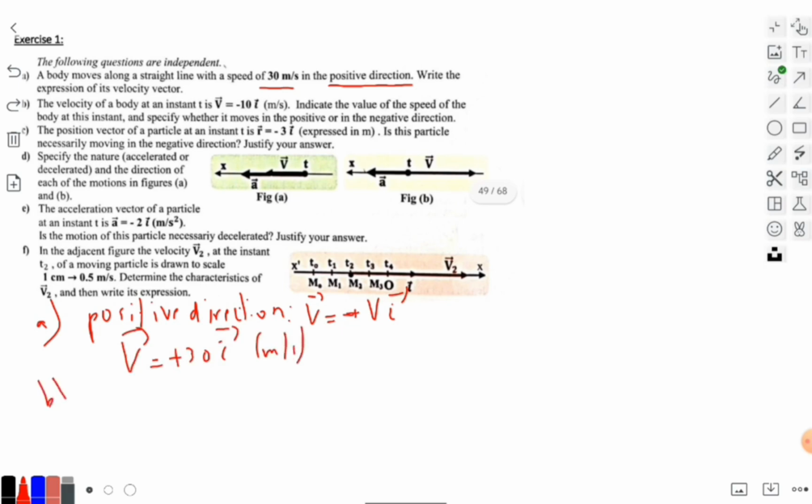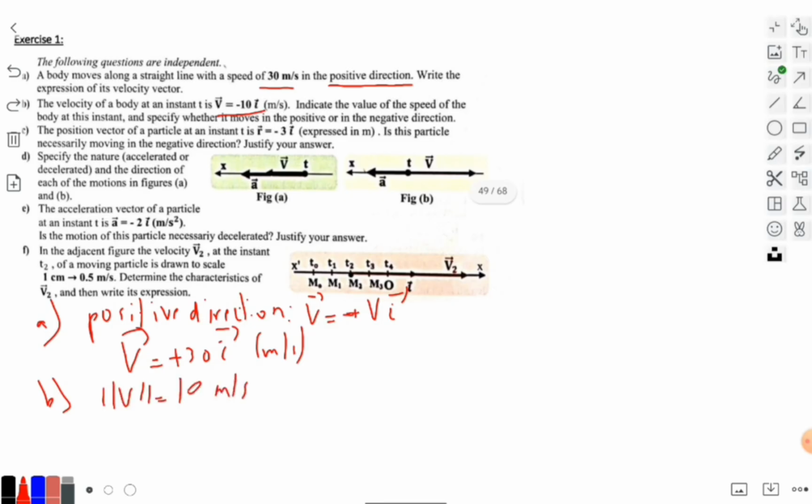Part B. The velocity of a body at an instant t is v vector equal to minus 10 i vector meters per second. Indicate the value of the speed of the body at this instant. The magnitude of the velocity is equal to 10 meters per second.